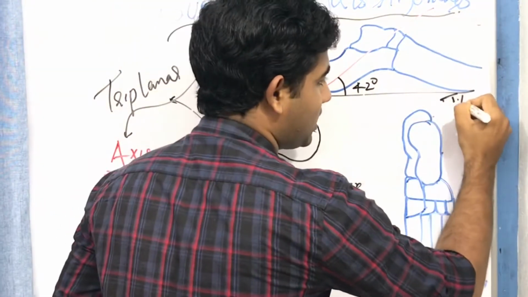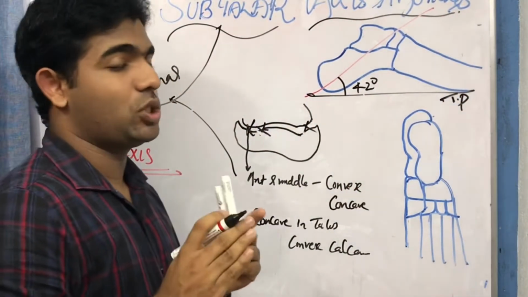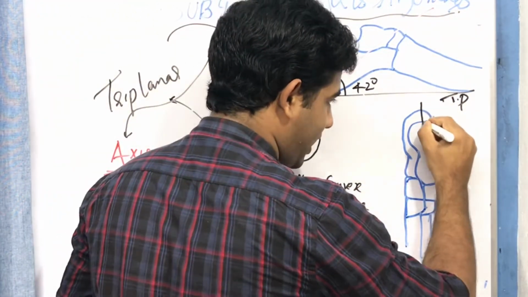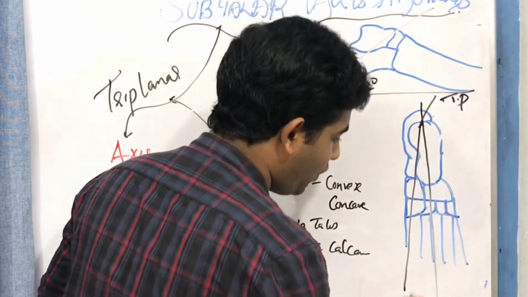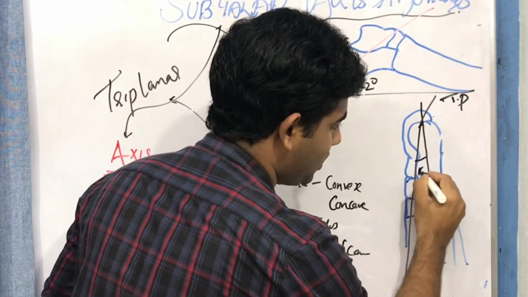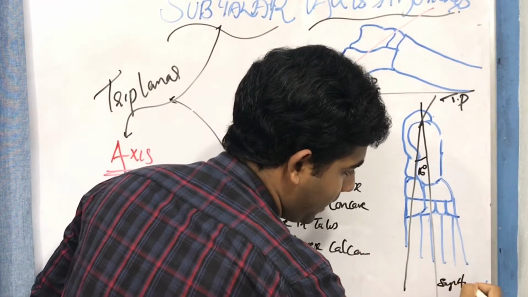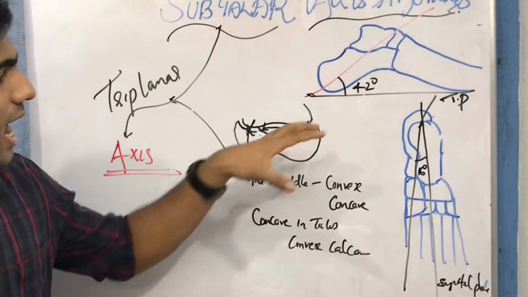So this axis is oriented about 42 degrees from the transverse plane. At the same time, this axis is oriented about 16 degrees from the sagittal plane. This is the sagittal plane. See the differences in the axis.